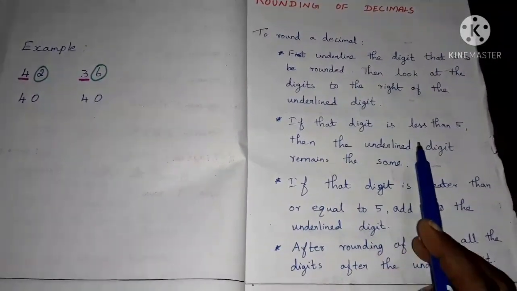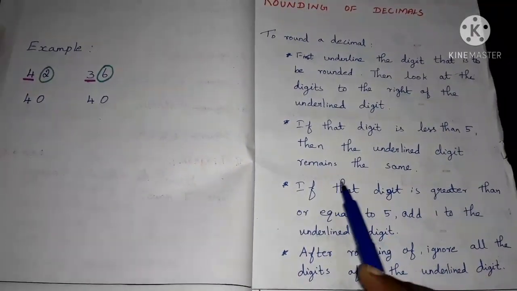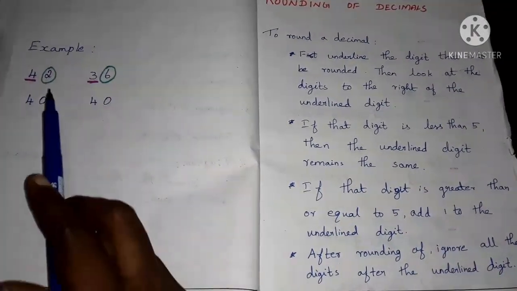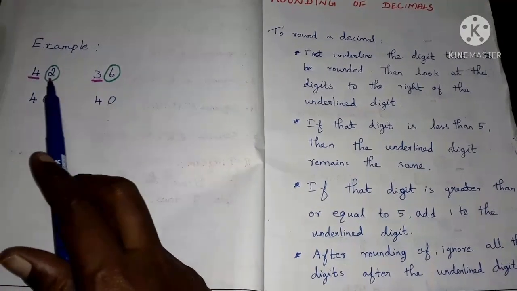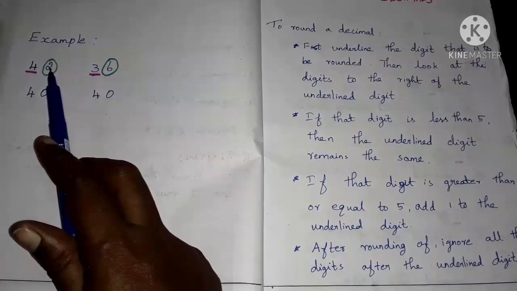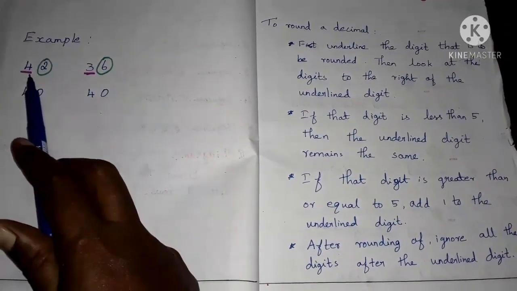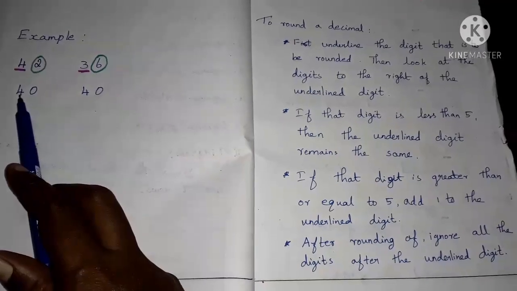Next, if the digit is less than 5, then the underlined digit remains the same. Look at the digit to the right of the underlined digit. Is it less than 5 or greater than 5? Yes, it is less than 5, which means the underlined digit remains the same.